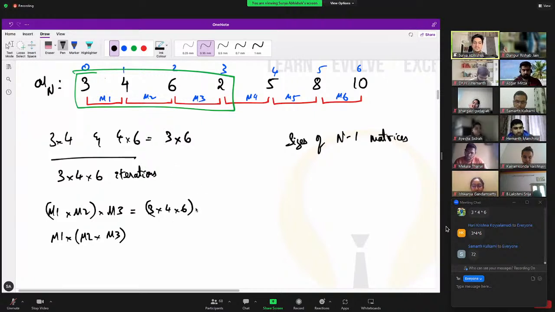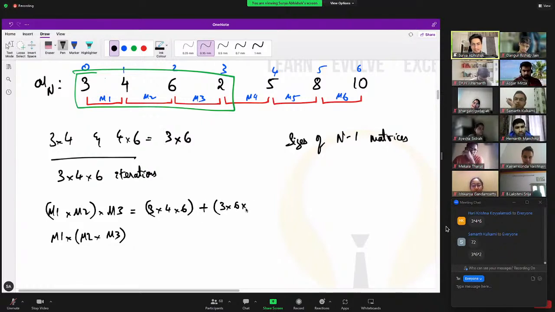So the result into M3 will take plus exactly 3 into 6 into 2 iterations. So this is the time taken to do M1 into M2, and this is the time taken to do the result into M3.